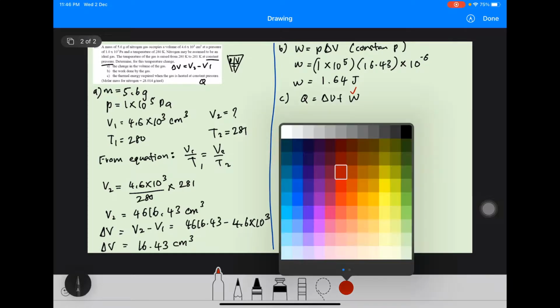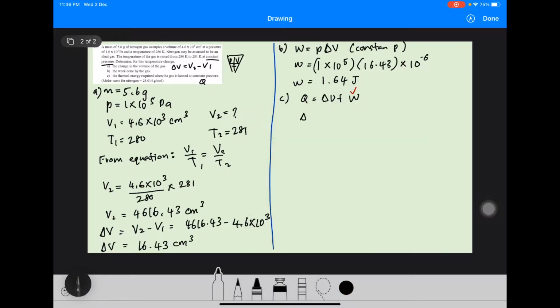Okay, to find delta U, you can use the formula f over 2 nRT, because you are given mass and molar mass, so you can find the number of moles first.